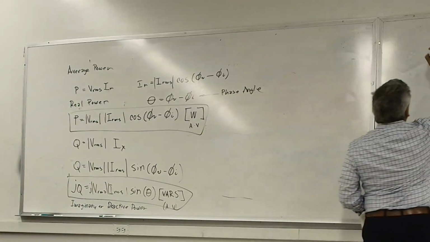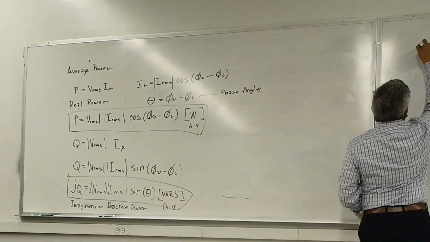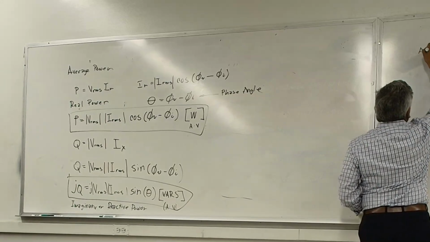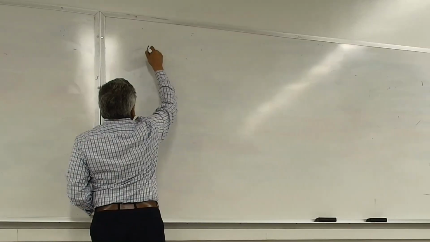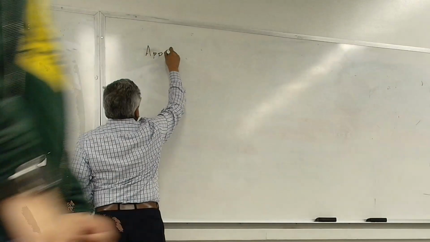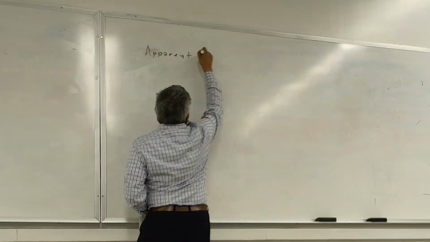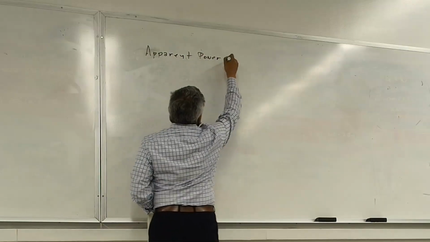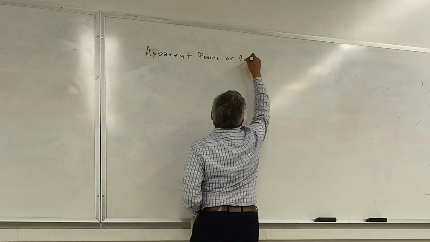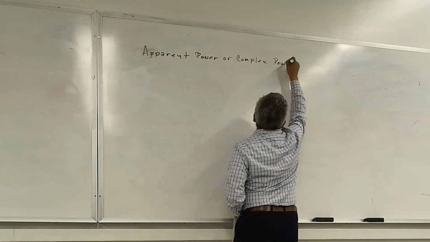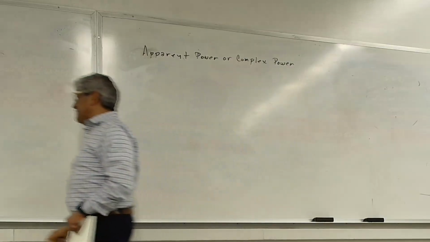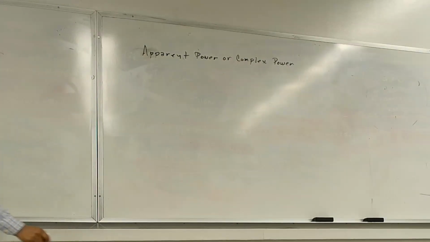I'll remember. So the last one is what we call apparent power, or also known as complex power. And the complex power is the combination of these two.